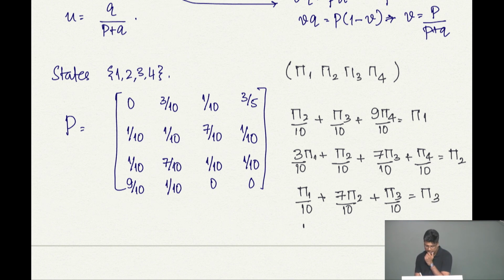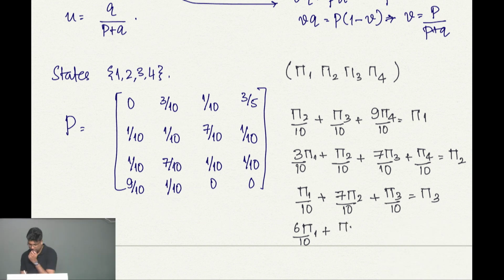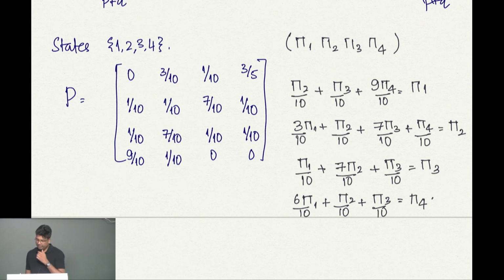And the fourth one is 6 by 10 times pi 1 plus pi 2 over 10 plus pi 3 over 10 is equal to pi 4. So you have these equations. Can we simplify?